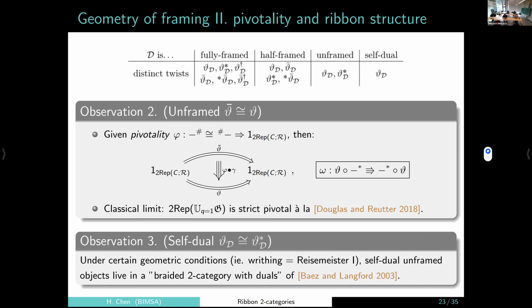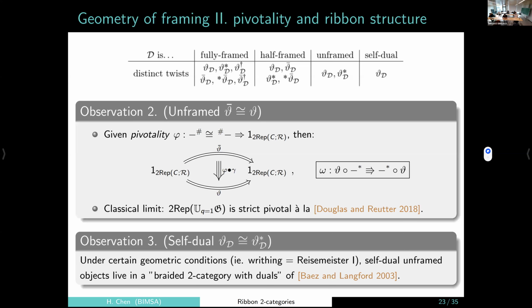But now you see that beta and beta bar are really identified, and you can really trace how they're identified. And the way that they're identified is indeed given by this pivotality structure. And once you have that, then you exactly have that modification.